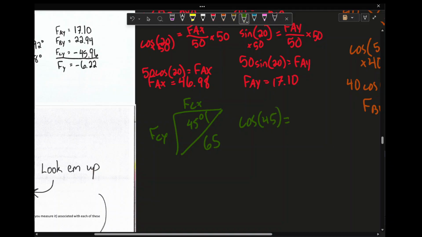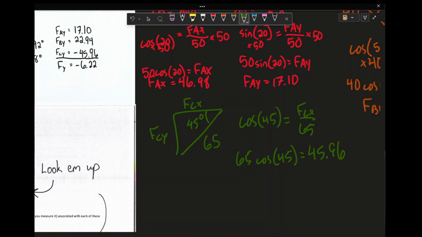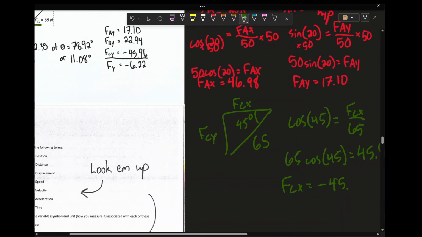So cosine would be FCX over 65. So 65 cosine 45 equals 45.96. And that is going to be negative, so FCX is negative 45.96.